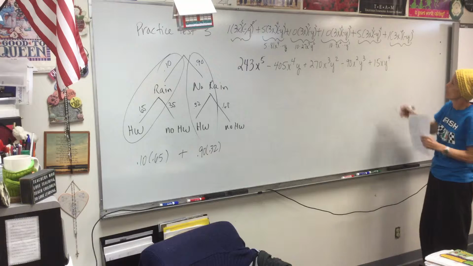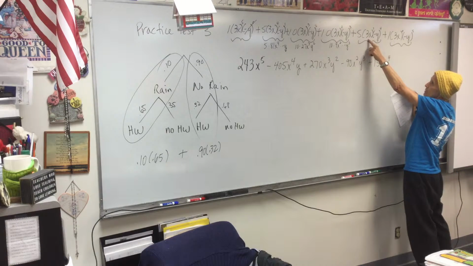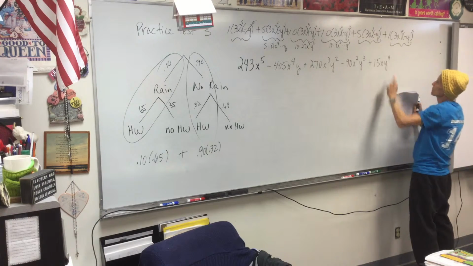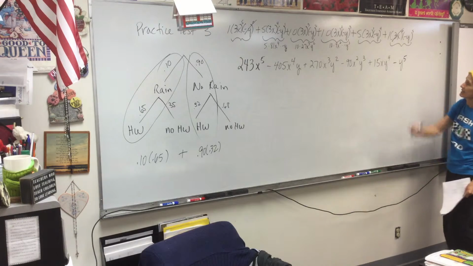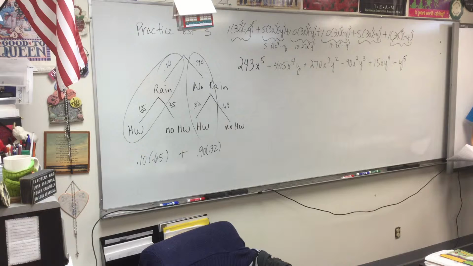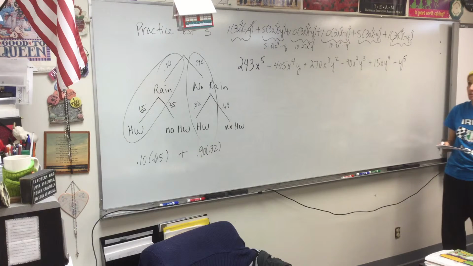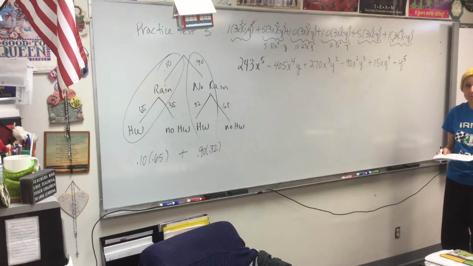Then 15x y to the 4th, 5 times 3x y to the 4th. And minus y to the 5th, because anything to the 0 power is just 1. There it is. You'll have your calculator, so there's no issue. You'll be able to do all that multiplication.